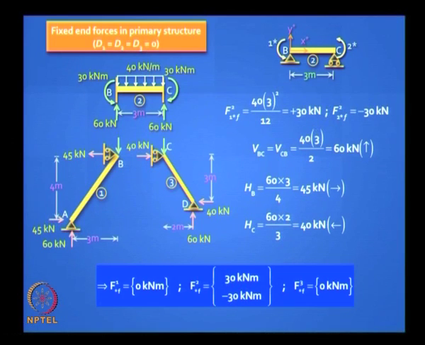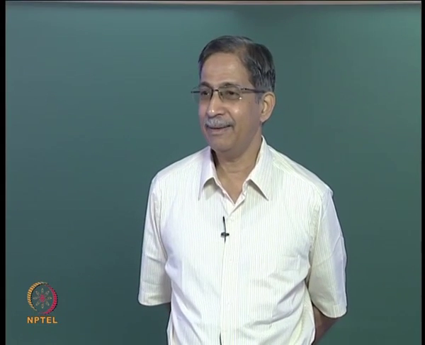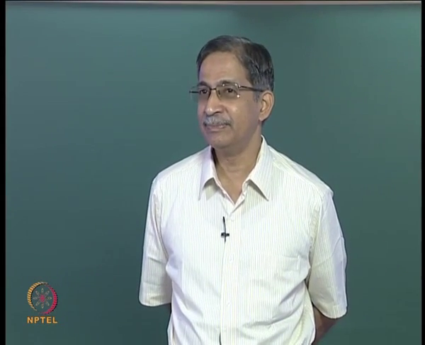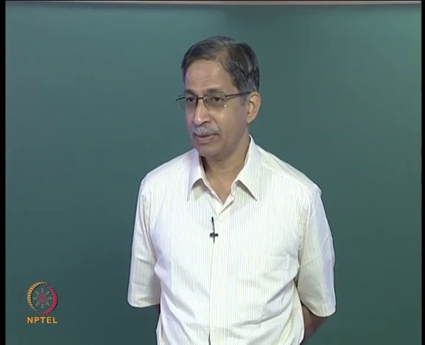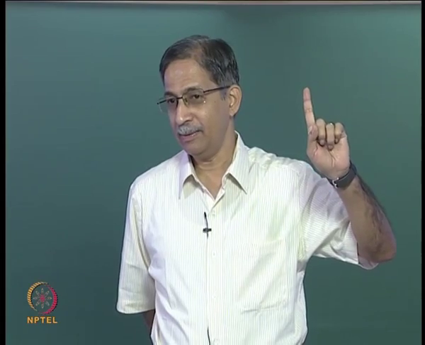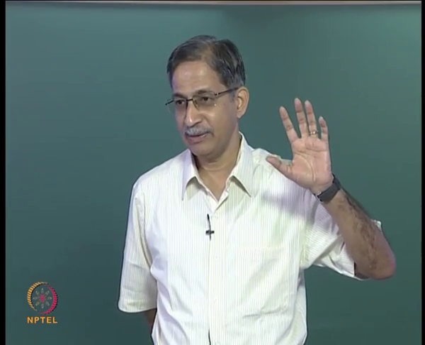So this is what you get from this diagram, but how do you include the effect of axial force here? You have only 1, 2 and 3 in the global coordinates. How do you transfer this understanding to equivalent joint loads in the global coordinate? In other words, what is F1, F2 and F3? F1F, F2F, F3F.